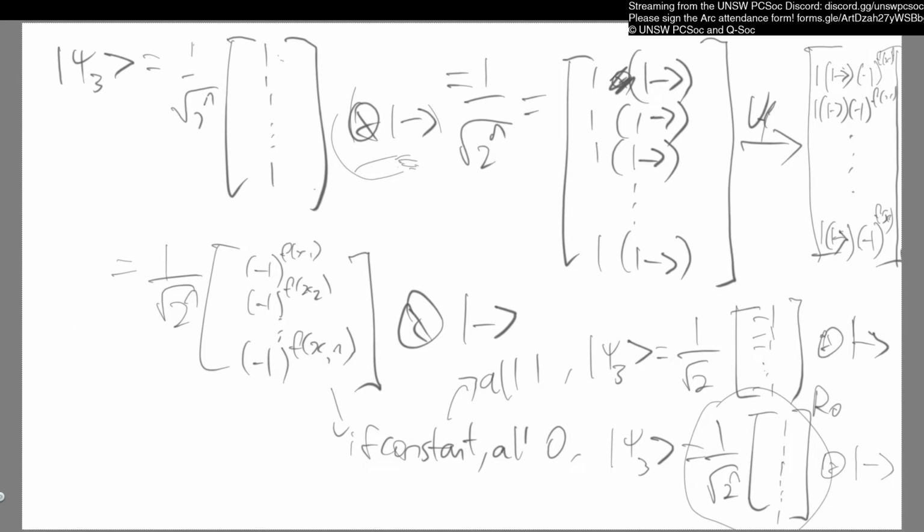These are all ones, which means it's all in the plus state, right? Hadamard swaps the 0 state to the plus state and vice versa.